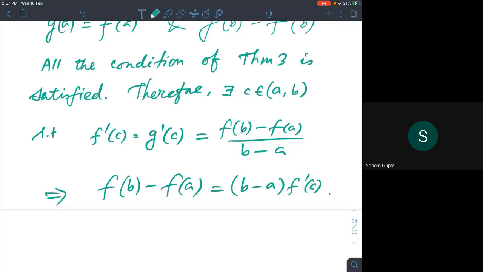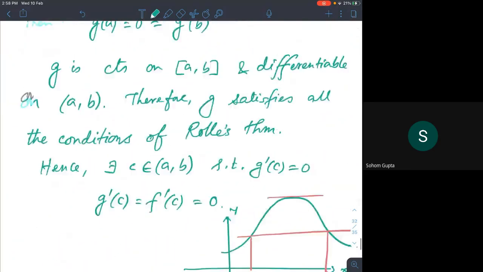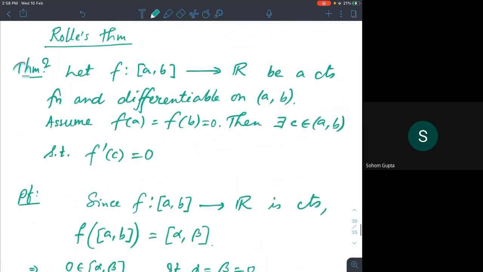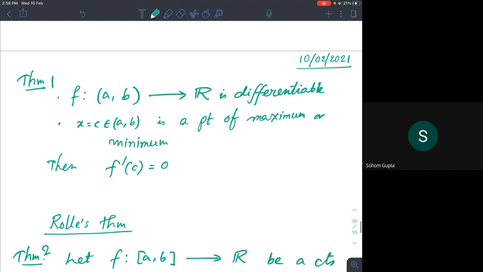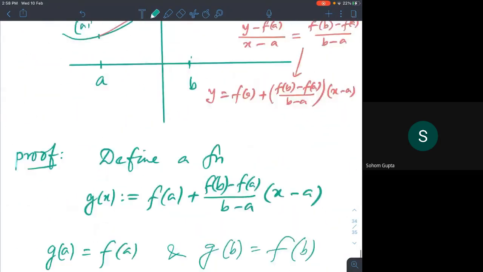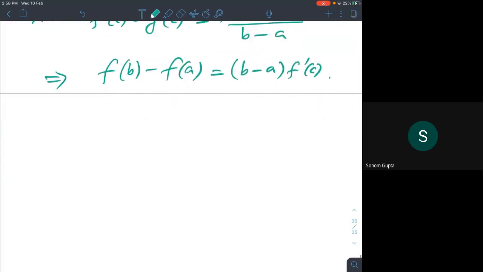Is this clear? Right? This is very simple. Just one theorem which we did in the very beginning about maximum or minimum. That is all useful. That actually gives a lot of things. All right. So any question?